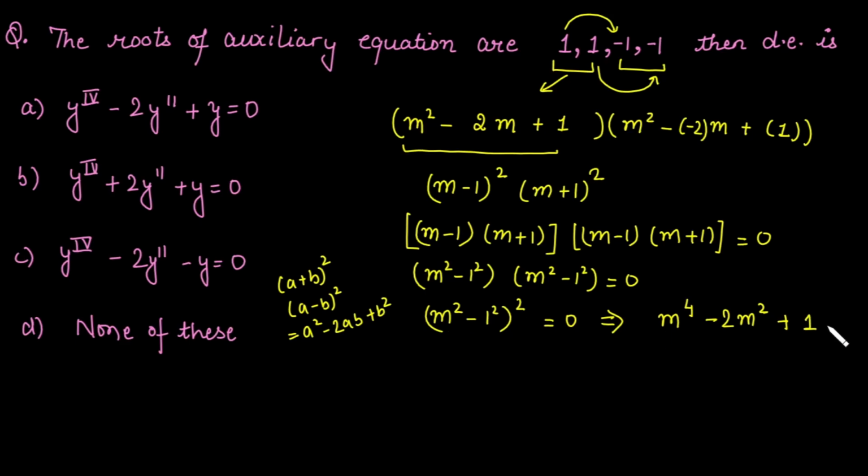We have this form equal to 0. Now from here the differential equation is fourth order derivative of y, because m raised to power 4, minus 2 times of m square means second order derivative, plus this is a constant, there is no m, we will replace by y, is equal to 0. So this differential equation is available in option A.